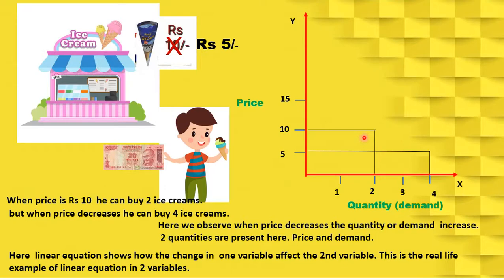When we join these two points, 4 comma 5 and 2 comma 10, we get a straight line. So always remember, when we plot the graph of a linear equation in two variables, it is a straight line.